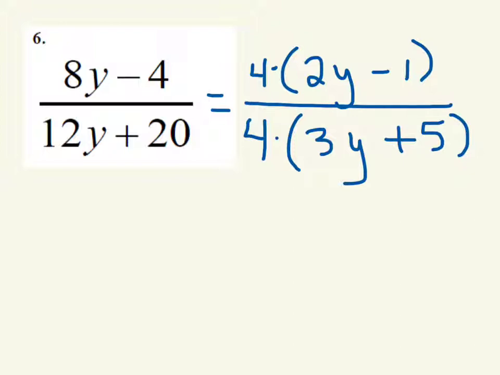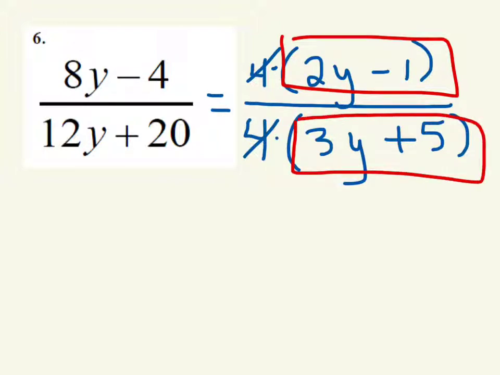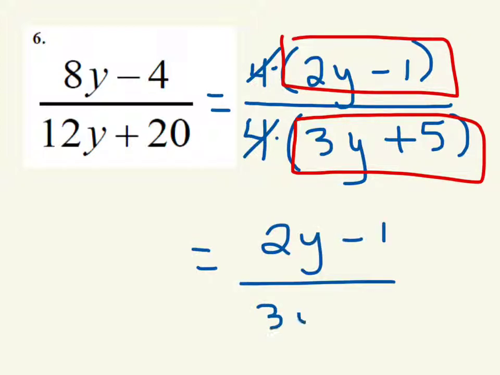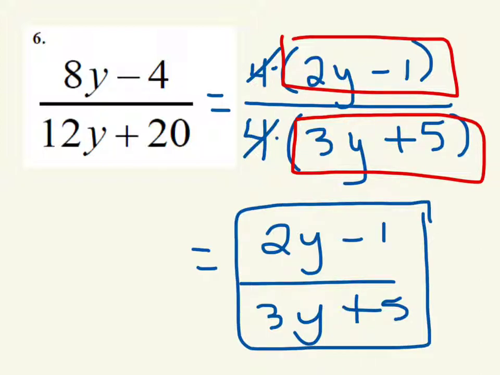We can only cancel things that are separated by multiplication. So the 4's cancel. However, the binomial of a 2y minus 1 is not the same thing as my 3y plus 5. Therefore, I've got to simplify by rewriting my expression as just 2y minus 1 over 3y plus 5. That's my simplified answer. I cannot cancel anything any longer.